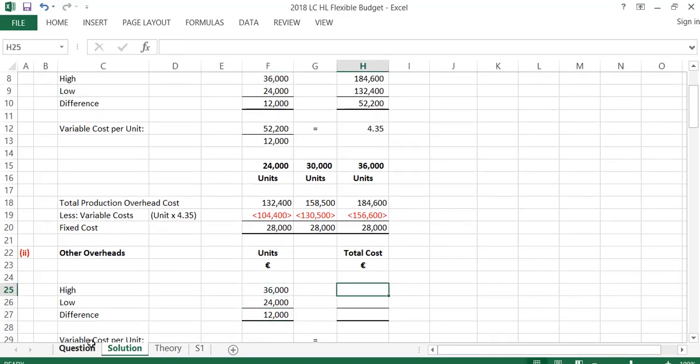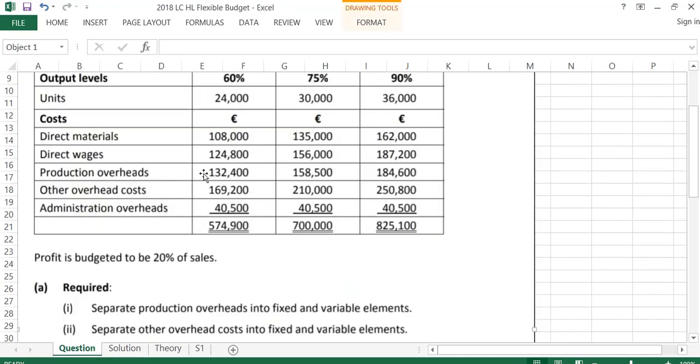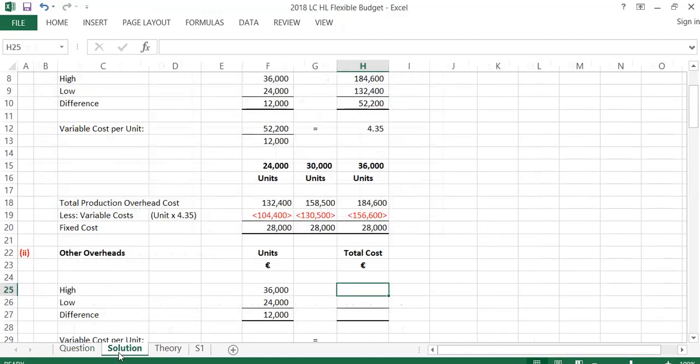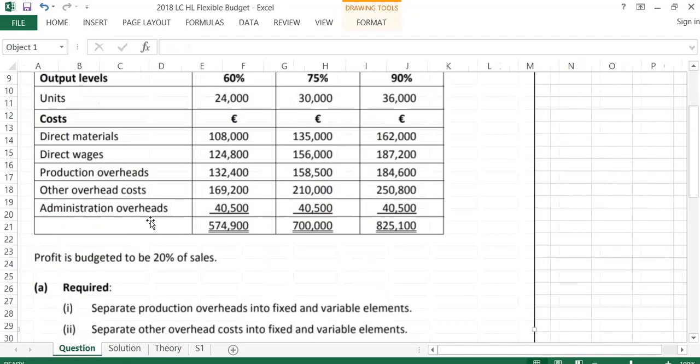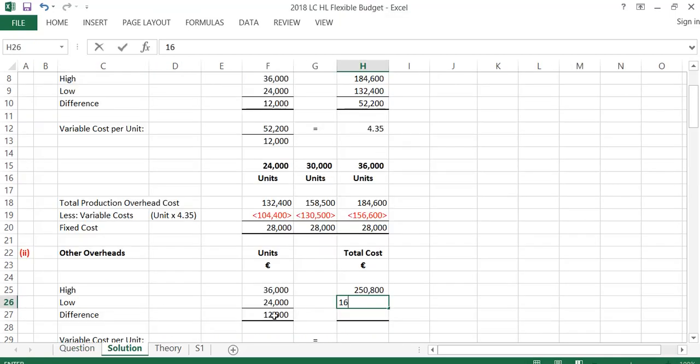Now the total cost. The highest cost for other overheads is 250,800, and the lowest cost for other overheads is 169,200. So the difference there is going to be 81,600.